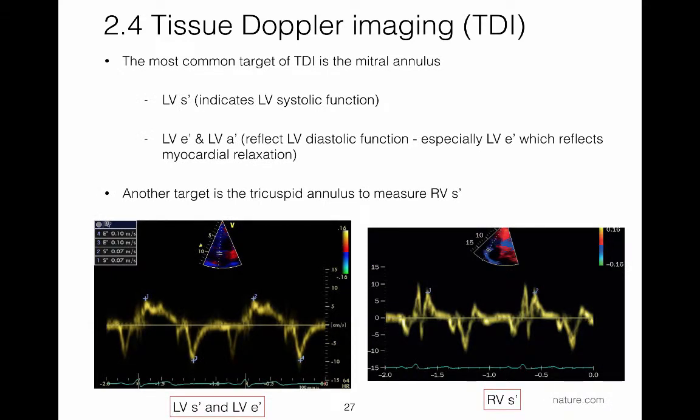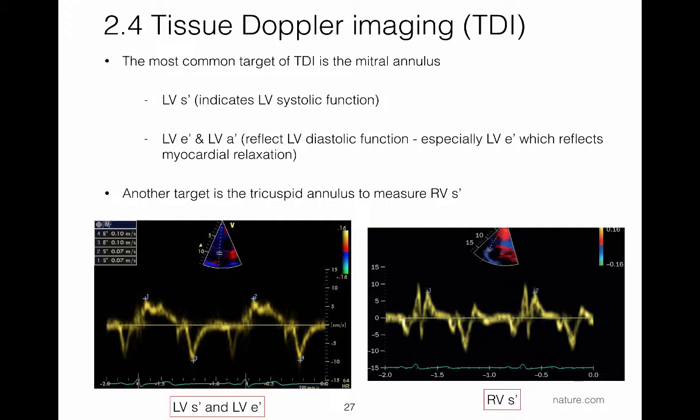The most common tissue target for tissue Doppler imaging is the mitral annulus. The left ventricular S' measurement, which is acquired by measuring the peak systolic mitral annular velocity, is a marker of left ventricular systolic function.